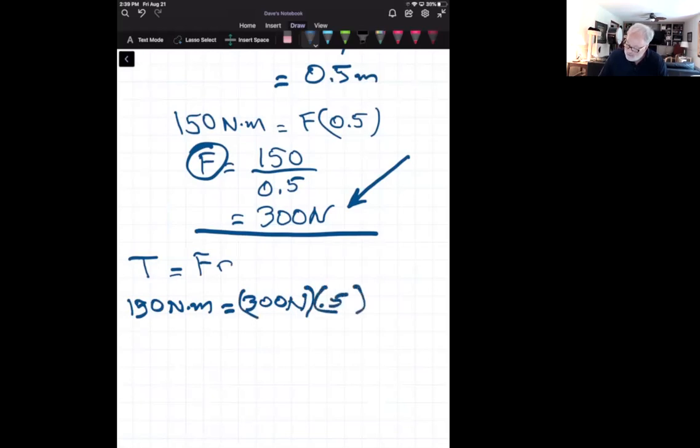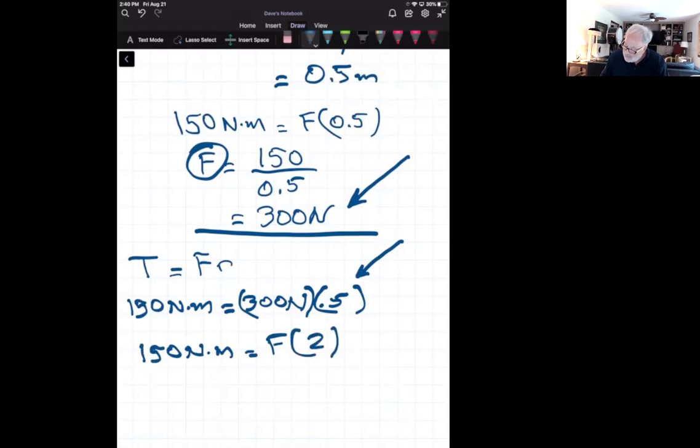He says, what would happen if the radius changed and the radius was now 2 meters? Would the force that I needed to apply go up, or would it go down? Well, let's see what would happen. The torque is 150 Newton meters, and here's the force I'm wanting to find out. Now the radius is going from 0.5 meter to 2 meters.